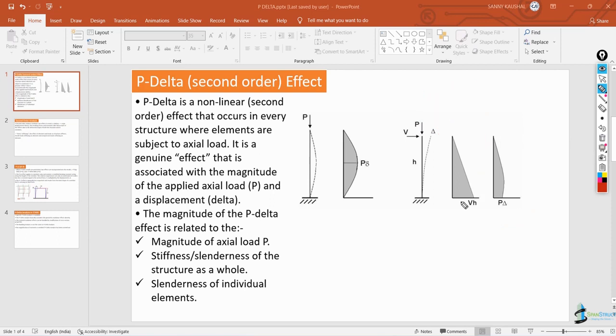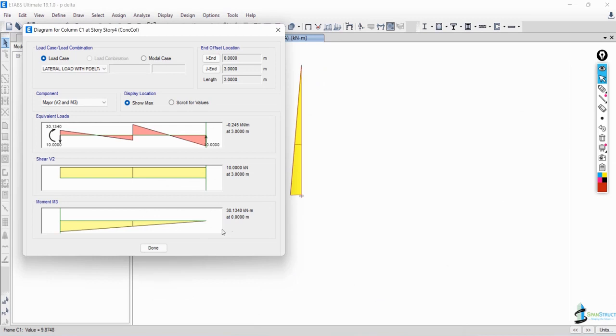So let us do that and find out. I will open my ETABS model again and find out exactly what delta we are getting. The P we already know: we have applied 50 kilonewton. If you remember, we applied a P of 50 kilonewton and also neglected the self weight, so the total P will be only 50 kilonewton.